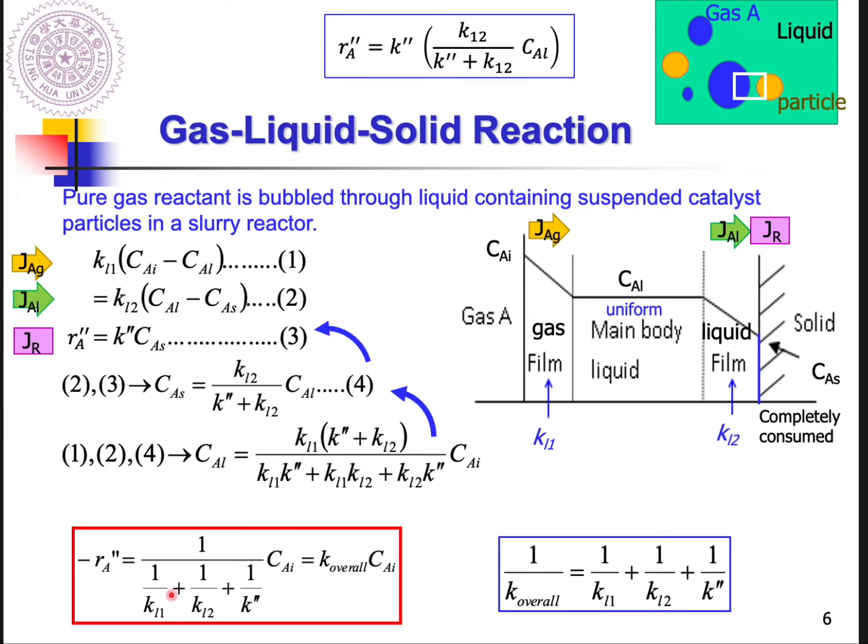After arrangement, we find that the bottom part includes three terms. The first term is the reciprocal of KL1. It's the resistance of the gas phase, the resistance of the liquid phase, and the resistance of reaction. So it's similar: you have a series involving the transport resistances and the reaction resistance, and they are in series. So you add all the resistances together, sum them up.